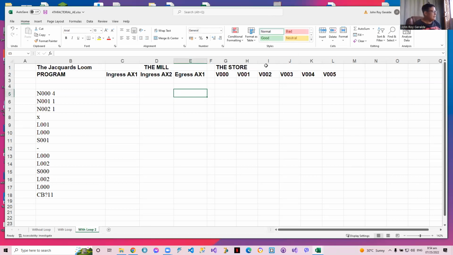Let's trace this again. N004. This is 4. Then we'll have N001, 1. N002, 1. Okay. You follow. We'll find out which one is which later. And then we have times L001. L001 is 1. Do you follow?